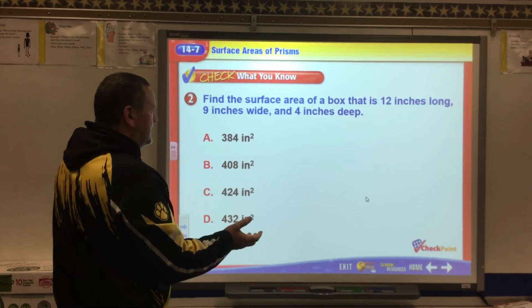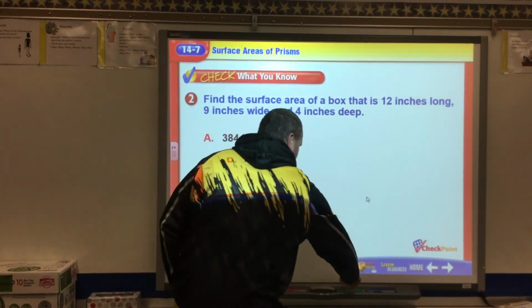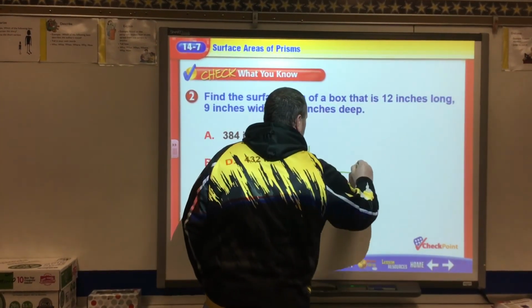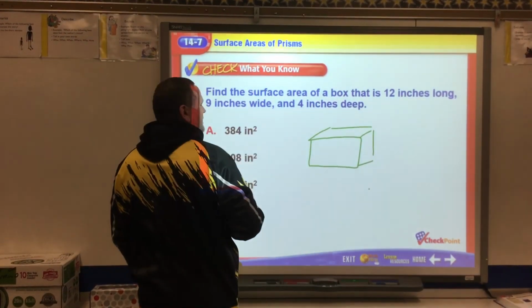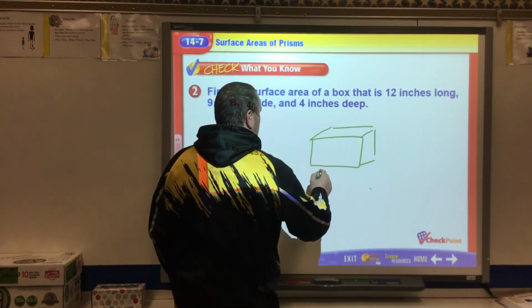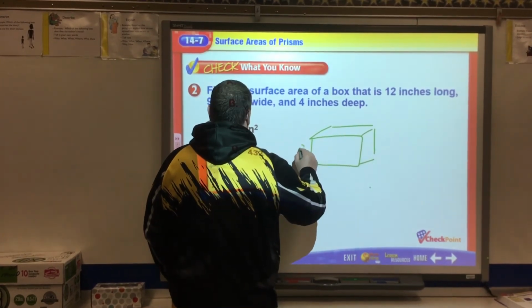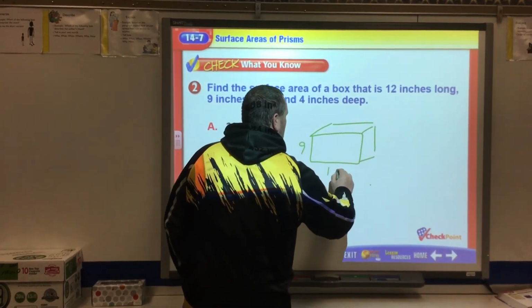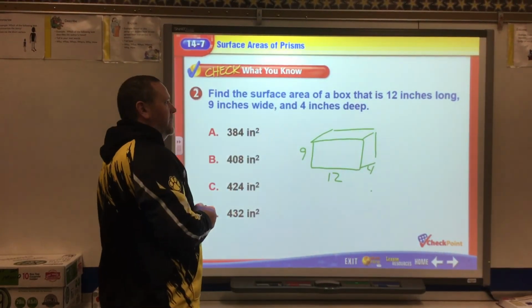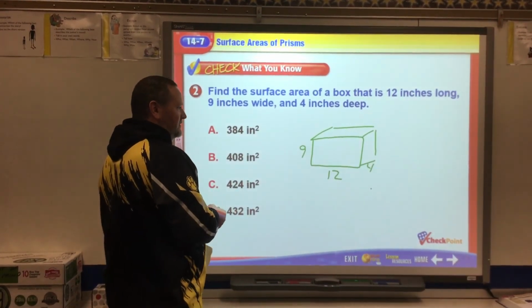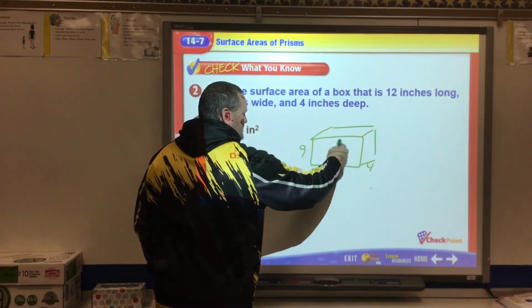Last one. Again, I would highly recommend just draw a box. Doesn't take that long. And plug in some numbers. So this might be my 9, this might be my 12, and this could be my 4. Okay? And they're all inches. So then I would multiply 9 times 12.